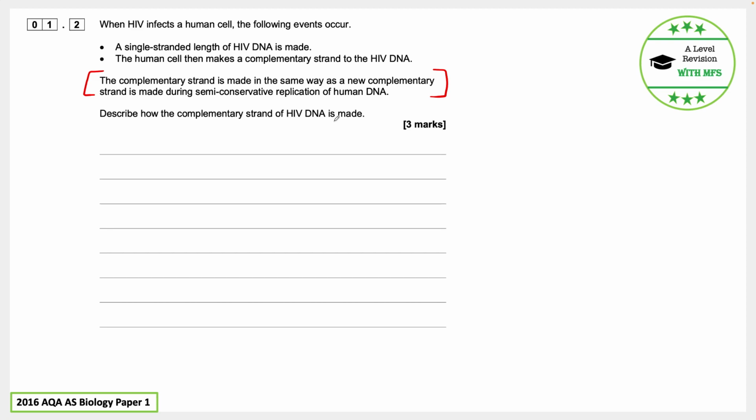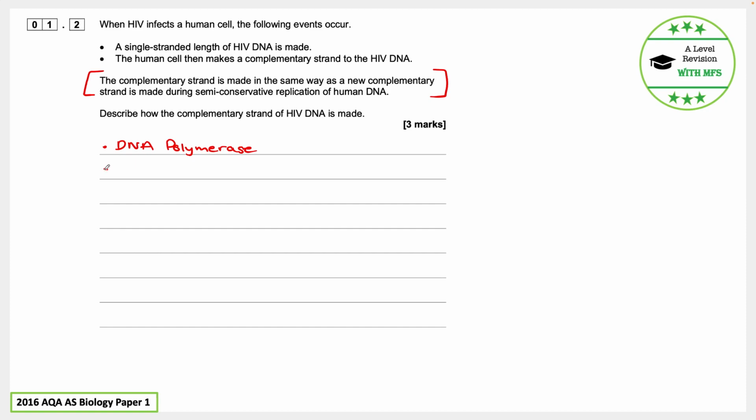Okay, so that means it will use the same enzyme when making this complementary strand, which is DNA polymerase. Okay, so we've got DNA polymerase. And remember, the hydrogen bonds come together between complementary nucleotides.